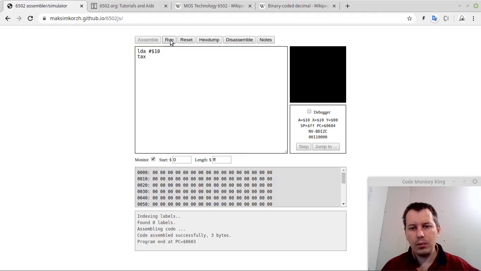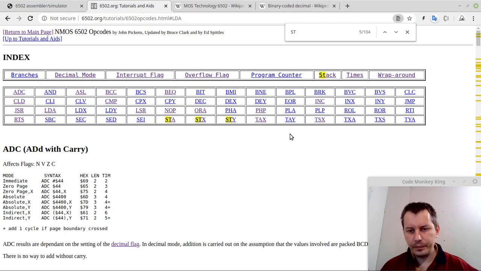If I assemble, run, and see, first we load the value to the A register, and then the next instruction transfers this value to the X register. If we also do TAY, in this case we also have the Y register being initialized. And it works the other way around as well, so we can transfer the value from the X register and from the Y register back to the A register.